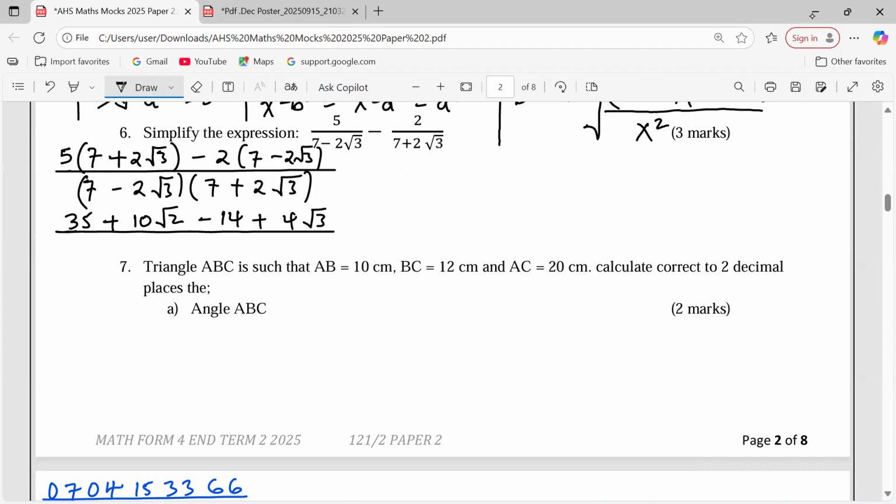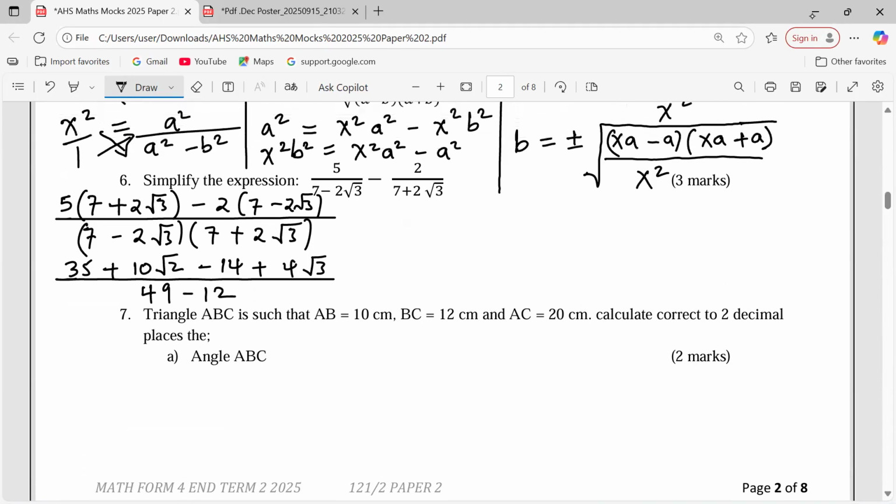So we are getting 49 minus 2 root 3 squared becomes 4 root 9. Root 9 is 3. So 4 root 9 is 12, 4 times 3, which is 12.